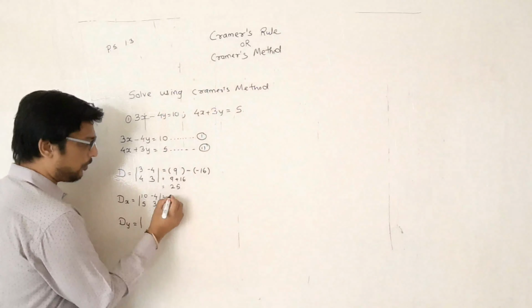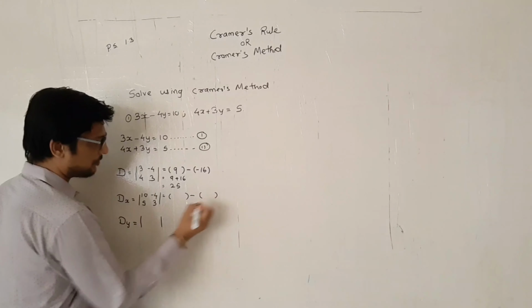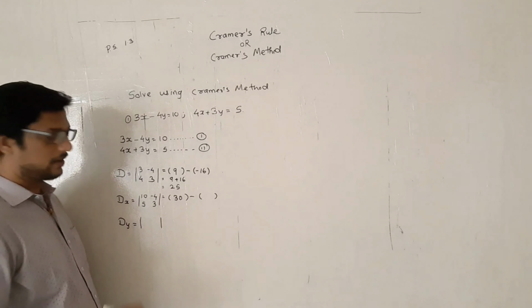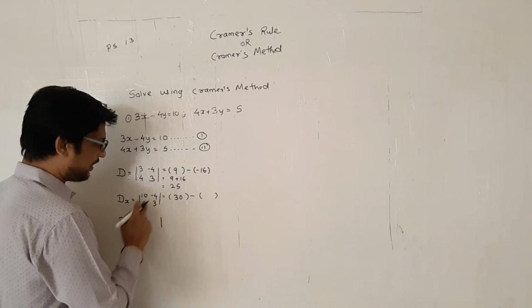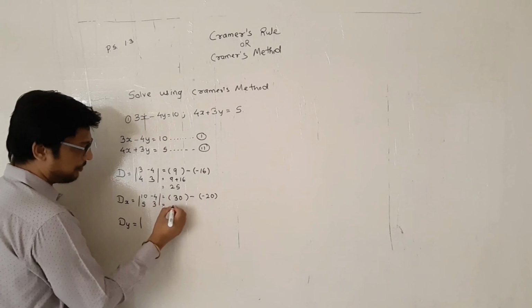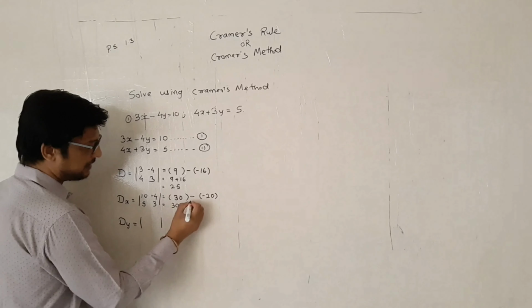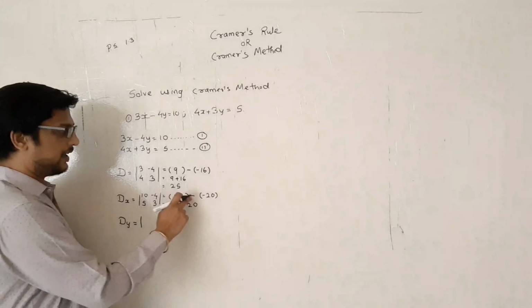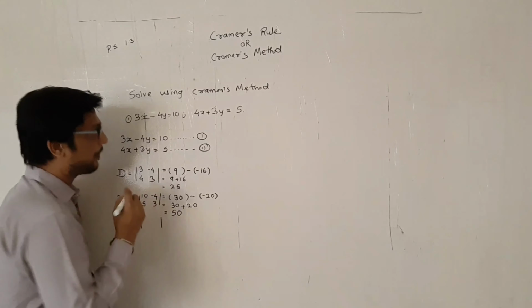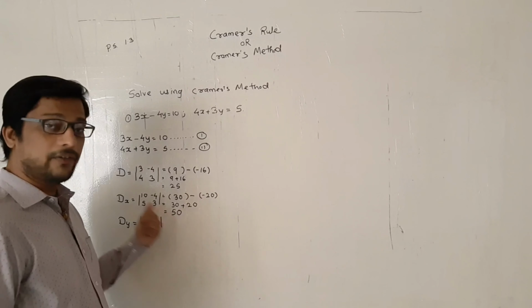Now, to solve this determinant, 10 into 3, 30. This into this, 5 4s are 20, minus 20. So this will become 30 plus 20. Minus into minus will become plus. This is nothing but 50. So I got the value of Dx also.